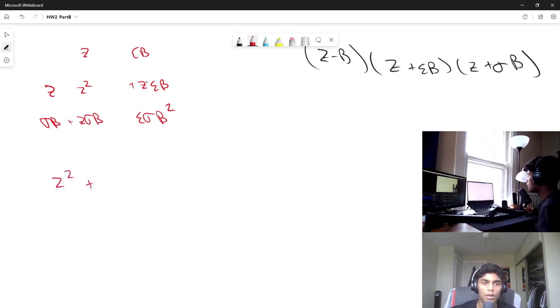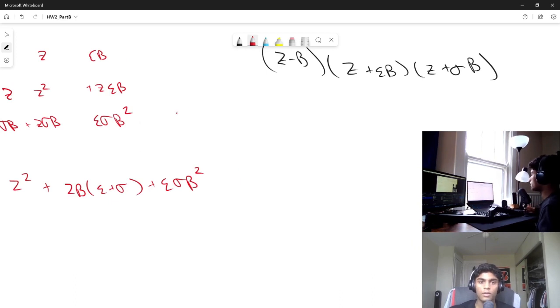plus ZB epsilon plus sigma plus epsilon sigma B squared.